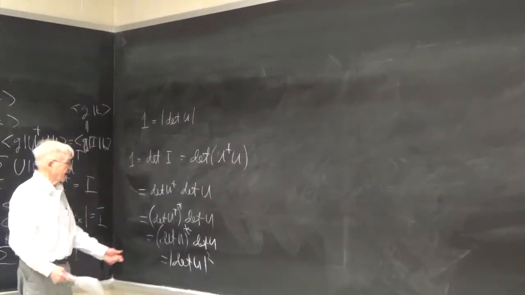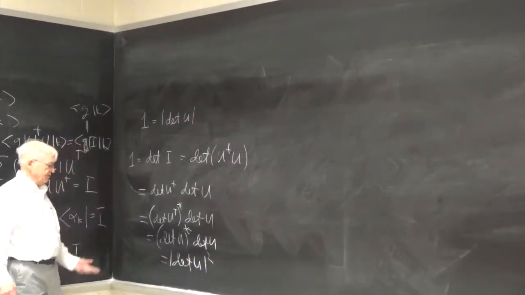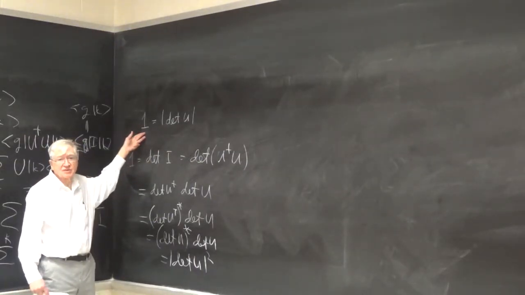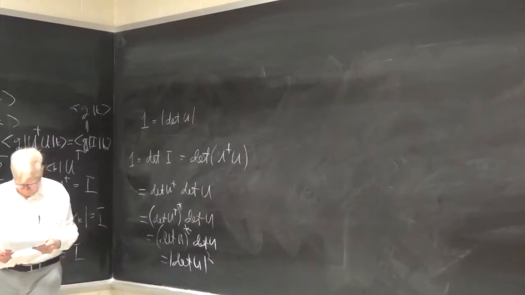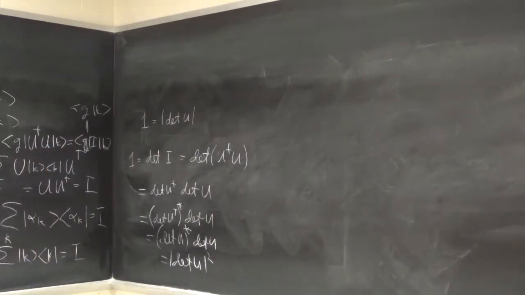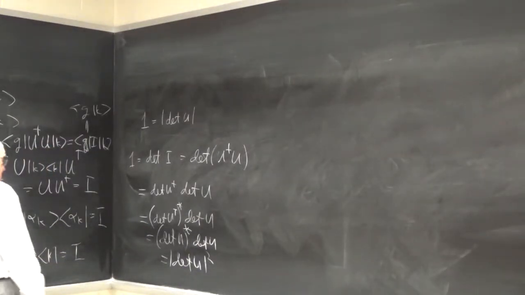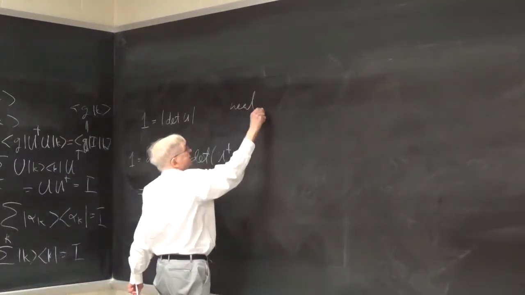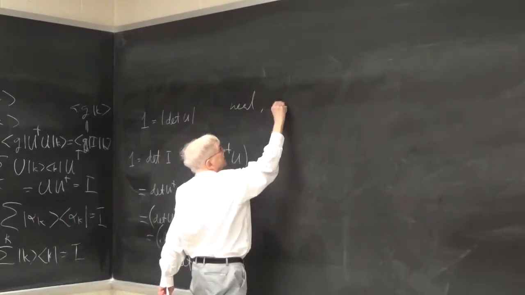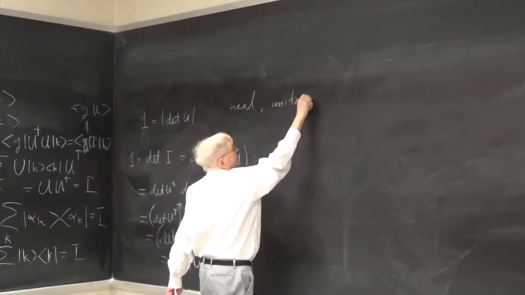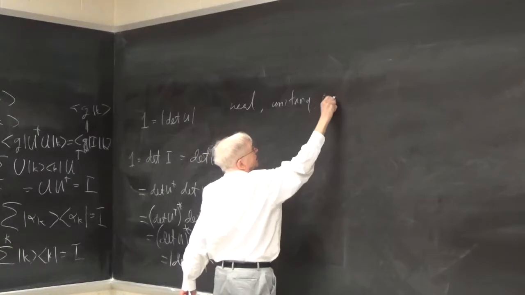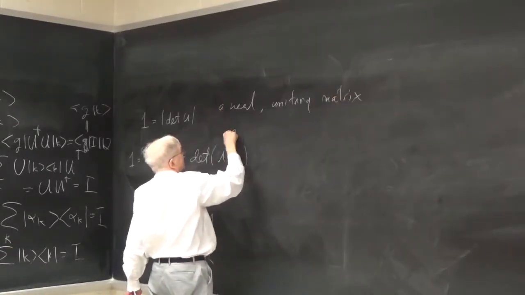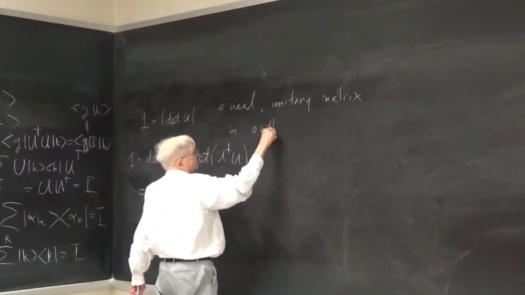So that's equal to 1, which means the absolute value of the determinant of U has to be 1. A real unitary matrix is an orthogonal matrix. So something that is real and unitary is an orthogonal matrix.